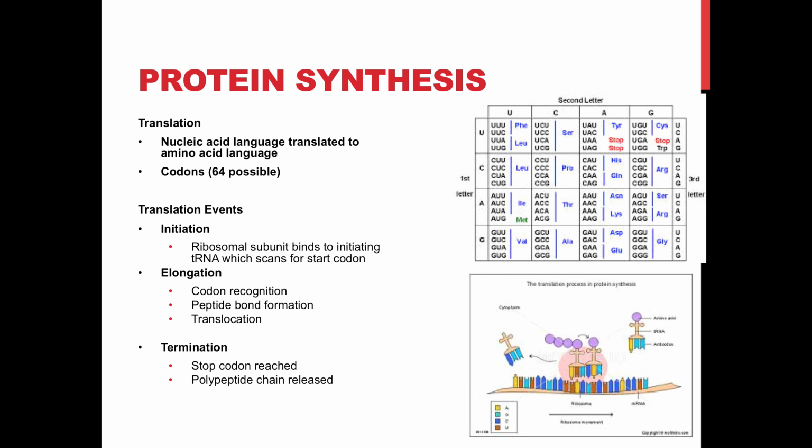A small ribosomal subunit binds to a special initiator tRNA. Okay, so the ribosome binds to an initiator tRNA, and then to the new mRNA to be coded. So it starts right at the very first base that's going to be decoded. With the initiator tRNA still in tow, the small ribosomal subunit scans along the mRNA until it encounters the start codon.